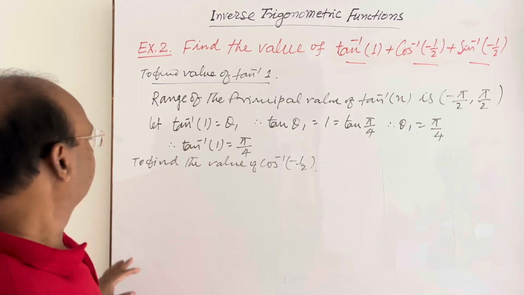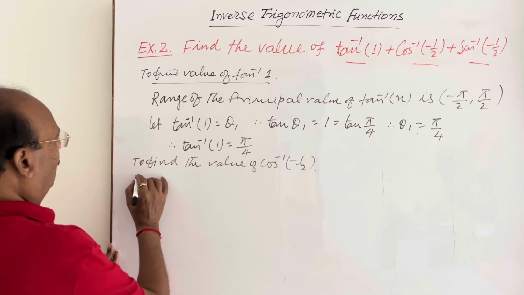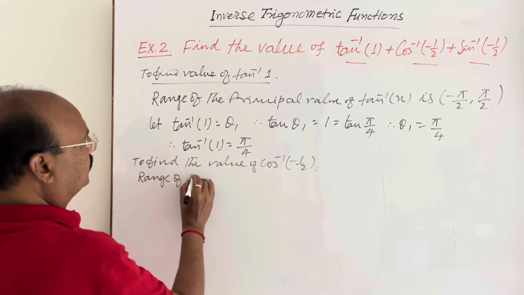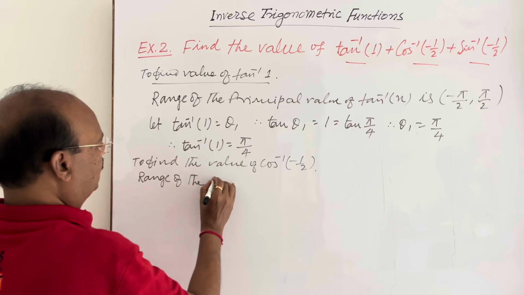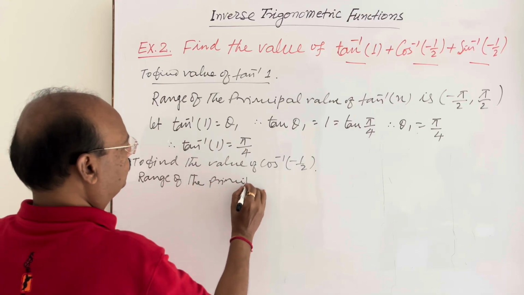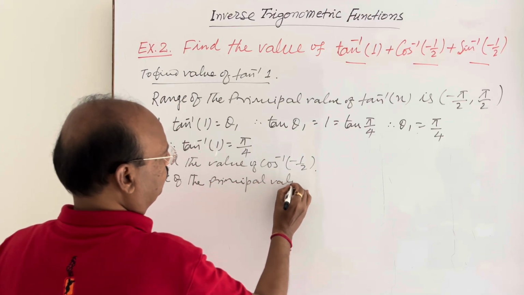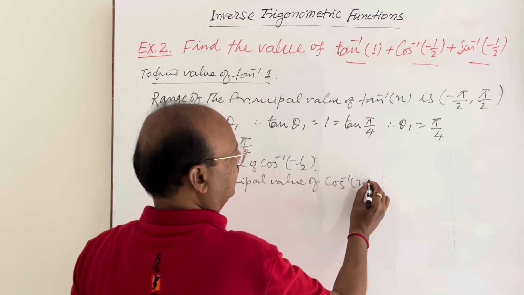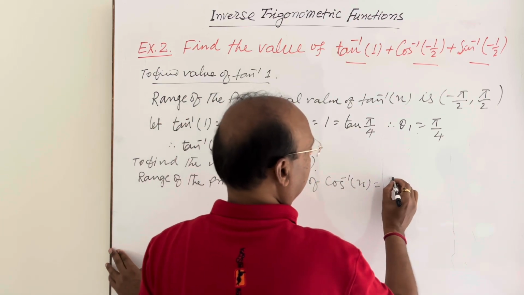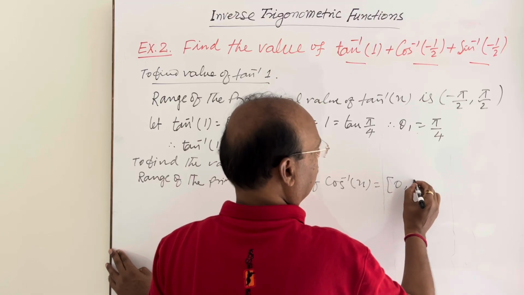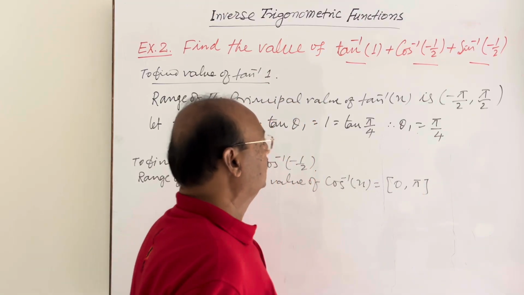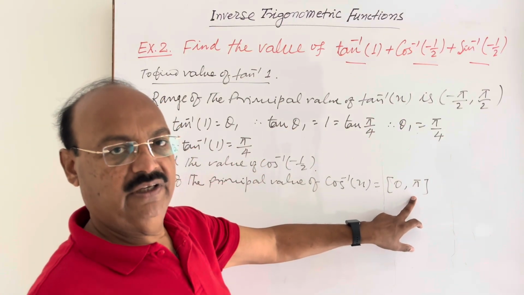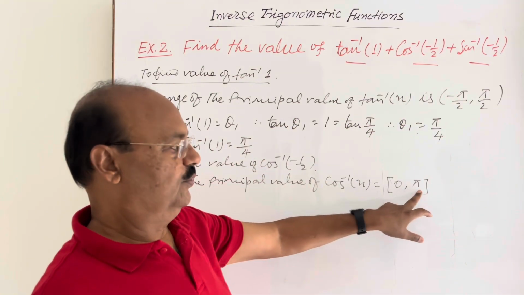So the range of the principal value of cos inverse x is 0 to pi. This value must belong to this interval from 0 to pi.